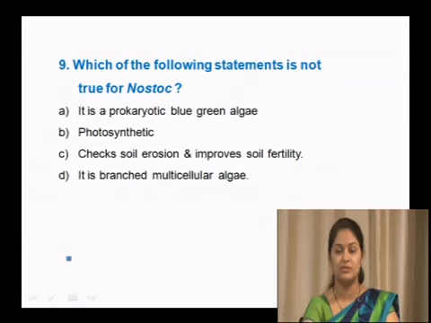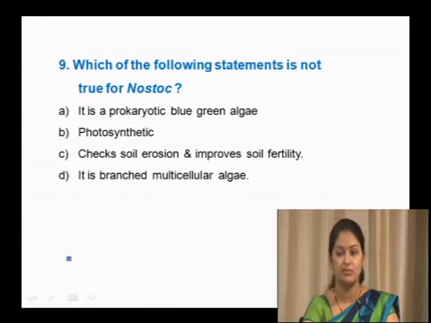So let us get into the details of nostoc. Nostoc is considered to be a filamentous algae having a mucilaginous sheath or mucilaginous covering, and the first option is very true because nostoc belongs to cyanobacteria of kingdom Monera, so the first one is right. B, photosynthetic.